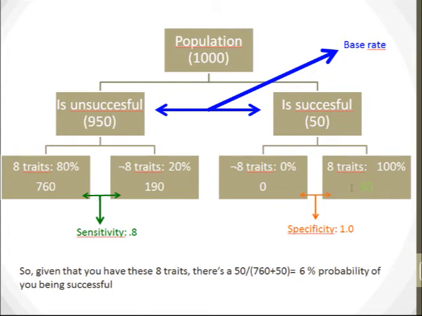So we calculate what are the odds that you're one of these people from the total pool of these plus these people. And if you calculate that, it turns out to be a 6% probability, which is not that much higher than the base rate probability. So in our example, which is fictitious of course, the chance of being great given that you have those 8 traits is not much bigger than when you know nothing about a random person in the population.